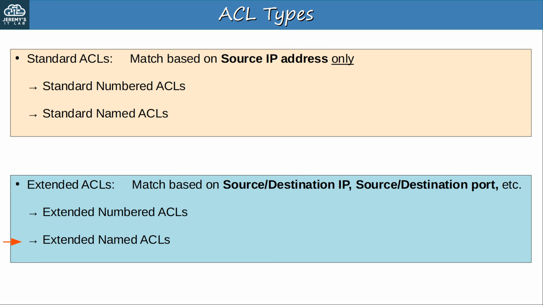As I said in the beginning of the video, today we'll focus on standard ACLs. All of the examples so far have been standard ACLs, filtering packets only based on their source IP address. In day 35, I'll tell you all about extended ACLs, but now let's learn some more about standard ACLs and then see how to actually configure them.